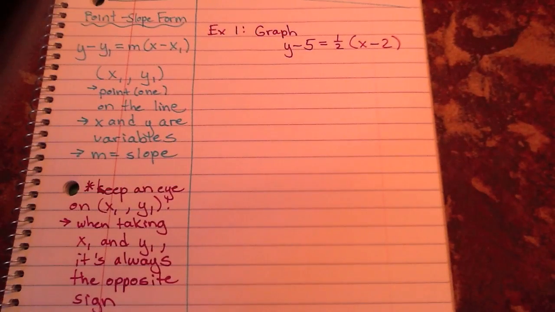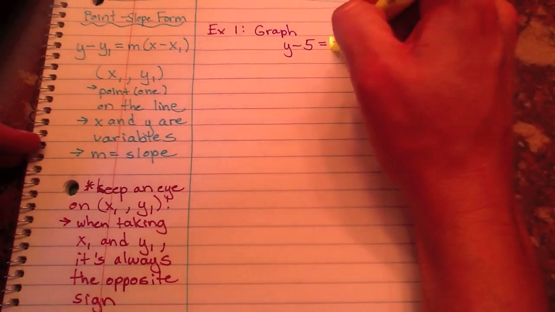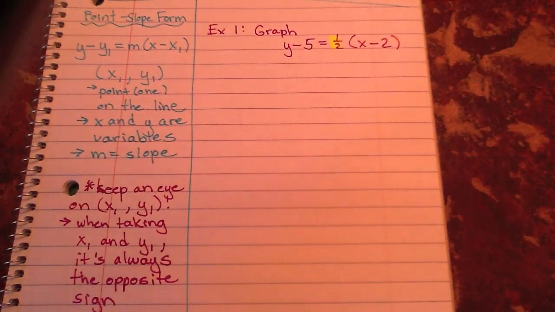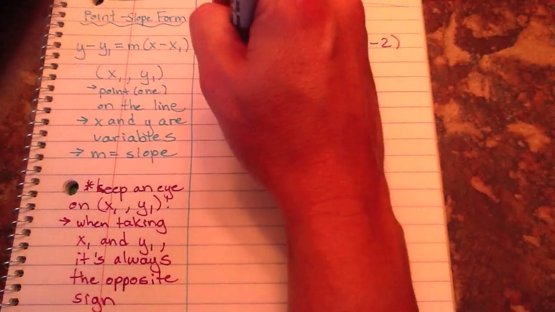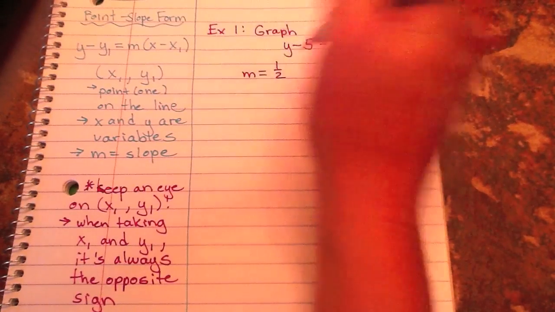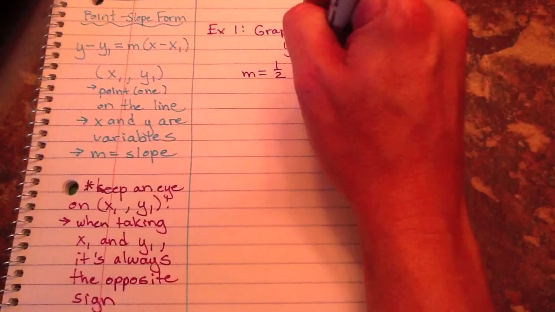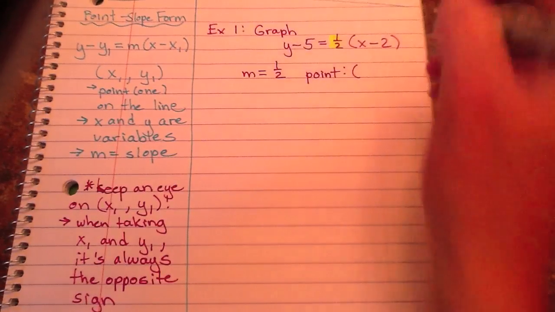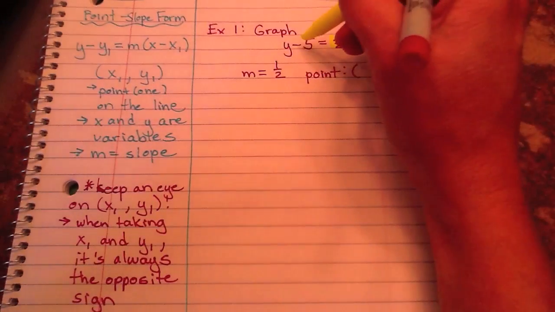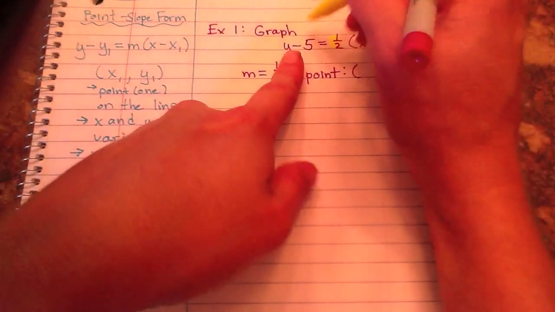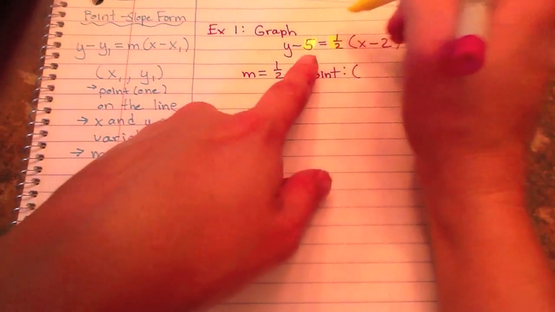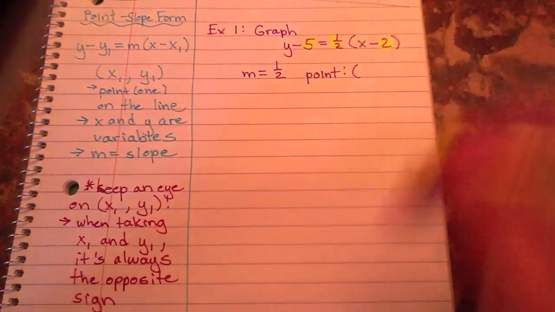You take your m, your slope, just like slope-intercept form, m equals 1/2. But then, instead of finding a y-intercept, you're just going to find your point. And remember, your point is the opposite, so don't include the sign. That's my y1, that's my x1.